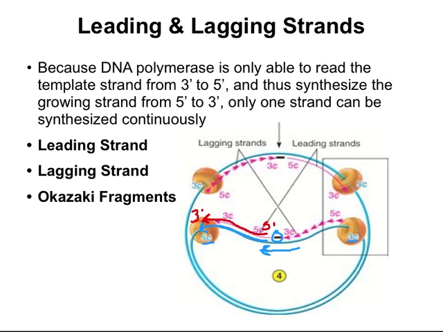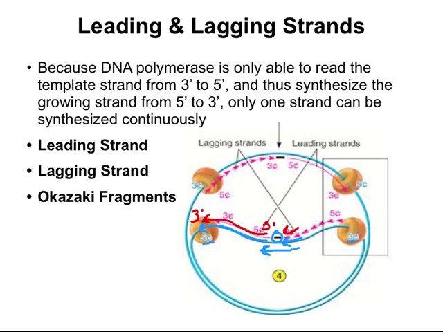However, in the opposite direction, we have a little bit of an issue, because DNA polymerase, remember, can only read from 3' to 5'. So as the strand very first opened up, only this much was available, and DNA polymerase was reading from 3' to 5' on the blue strand. And it was able to lay down nucleotides from 5' to 3'.